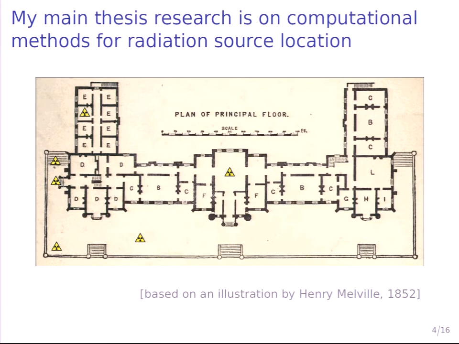Okay, so my main research is on locating sources. So for instance, maybe in a building, you have a bunch of radiation spread out, and you'd like to know where that is coming from.